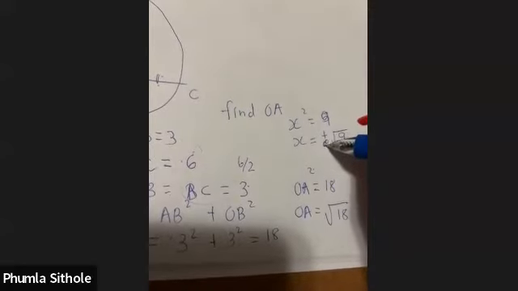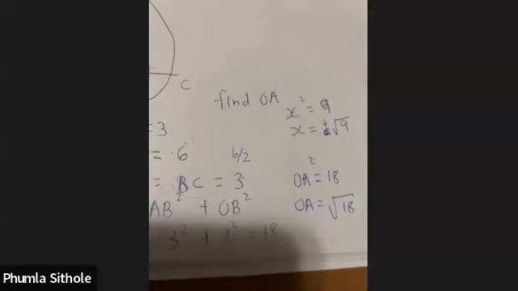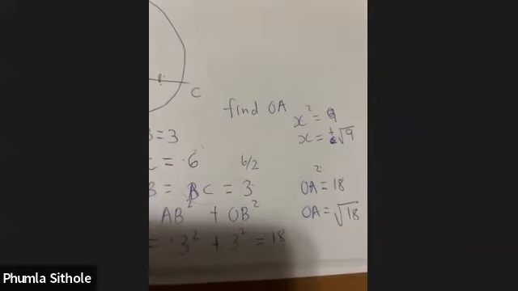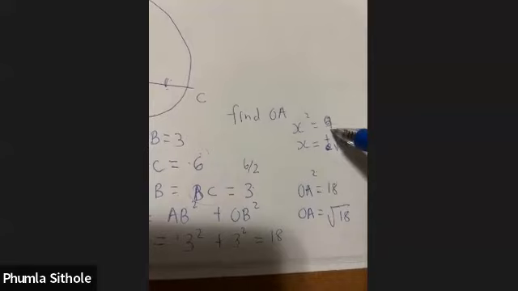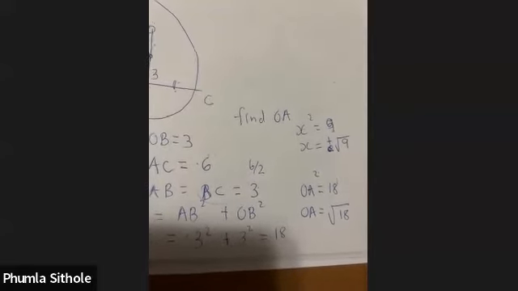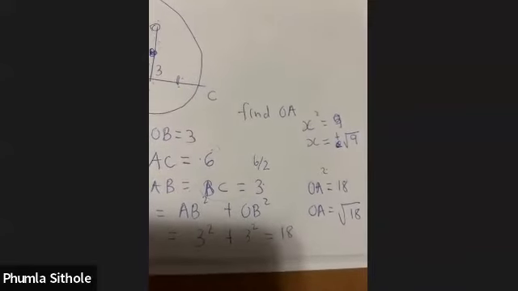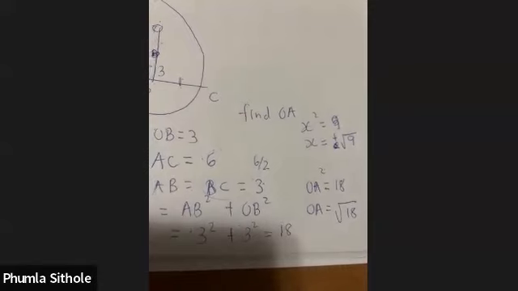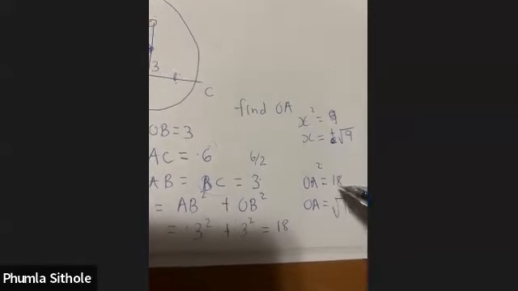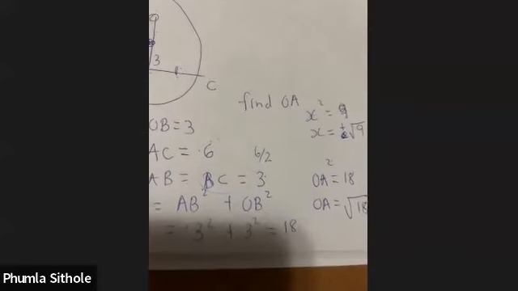You exclude the negative. So the distance is always positive. So you shouldn't have plus or minus. You should only have this plus or minus when you are dealing with x, y, for a Cartesian plane, those types of questions. So for this case, you don't need that. You just need a positive value. That's why you just say OA is equal to positive square root of 18. Okay.